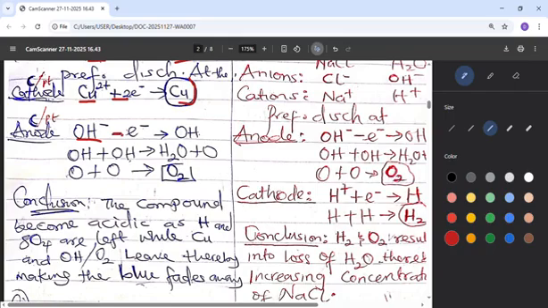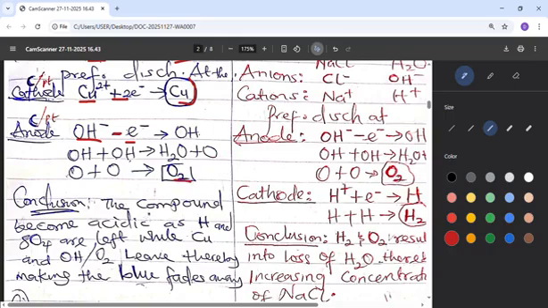At the anode, there's always a loss of electron. When electron is lost, it becomes neutral OH. Looking at this OH, the OH won't stand alone. There will be a kind of repetition. They will come together to give us water and oxygen. Likewise, oxygen can't stand alone. It must be in a duplicate. That means diatomic, and that's why it forms oxygen gas.